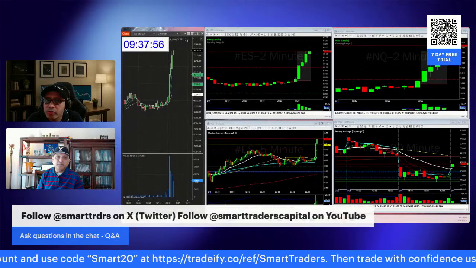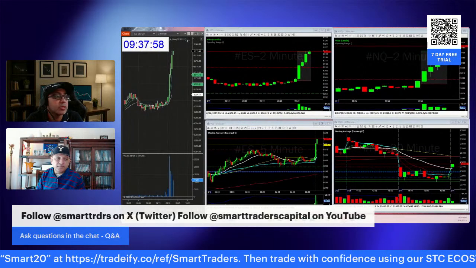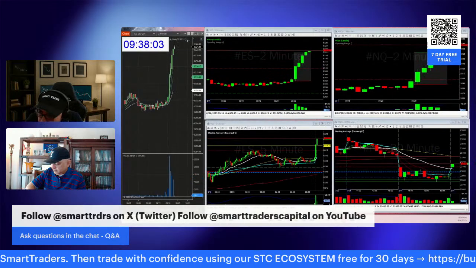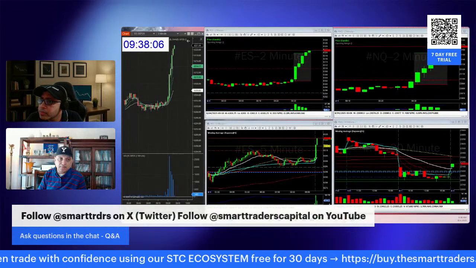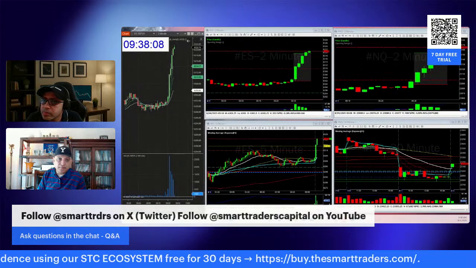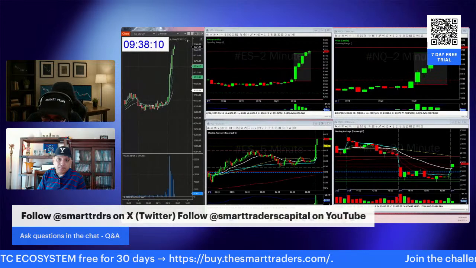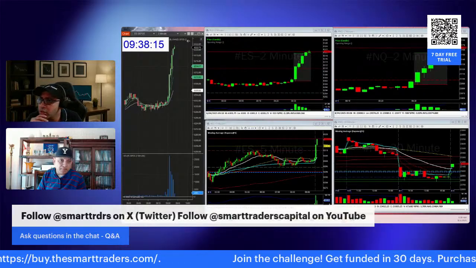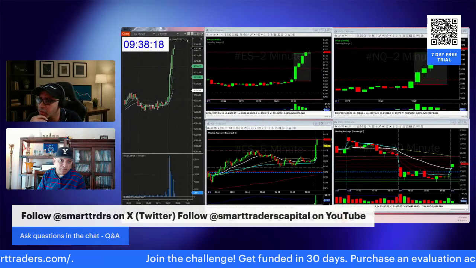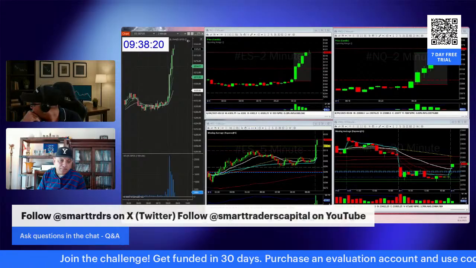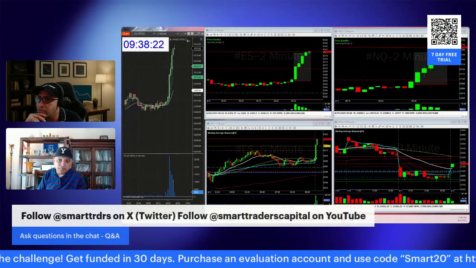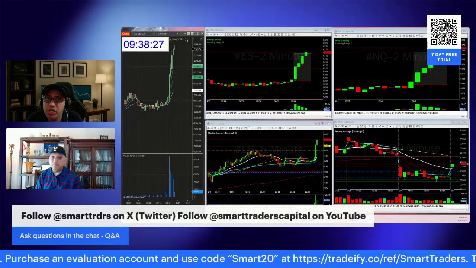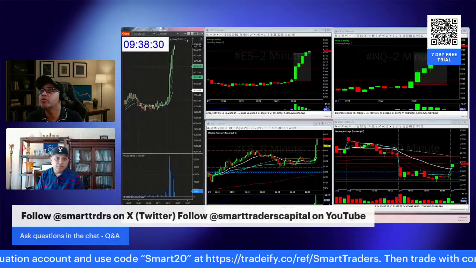Well, what a beautiful move they had already without us. Okay, I'm going to start looking at the indecision candles here, or a doji, or any kind of candle that basically shows us the rejection of this trend.